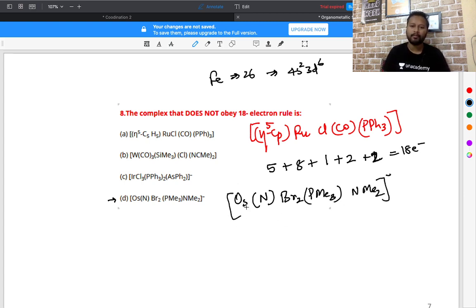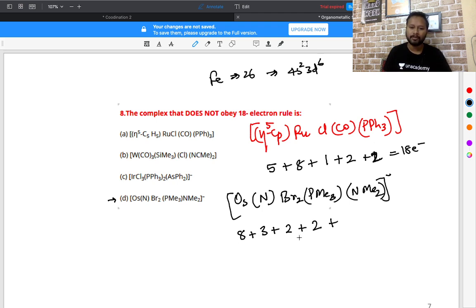Osmium will give you 8 electrons because it's in the same group as ruthenium. Nitrogen is a 3 electron donor. Bromine is a 1 electron donor, so 2 electrons will come from bromine. PMe3 is similar to PPh3, so it will again give you 2 electrons. And NMe2 is a ligand, how many electrons will you get from NMe2?